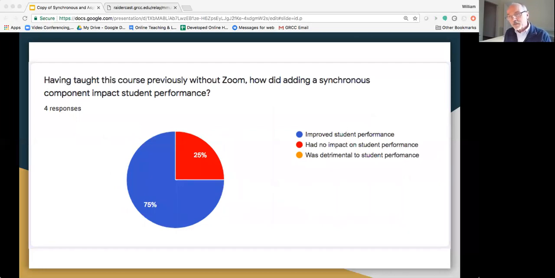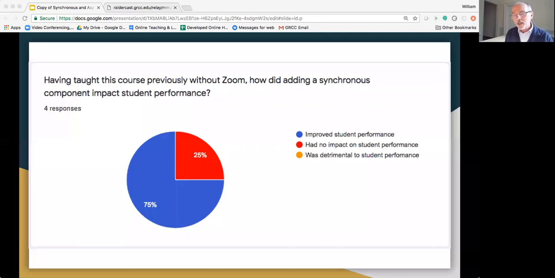Another question: having taught this course previously without Zoom, how did adding the synchronous component impact student performance? Three out of four said that they thought it had improved student performance. I didn't go back and do any analysis of before and after for those instructors in those courses, although I think that data might still be available.